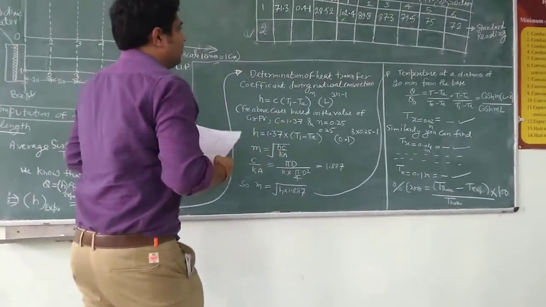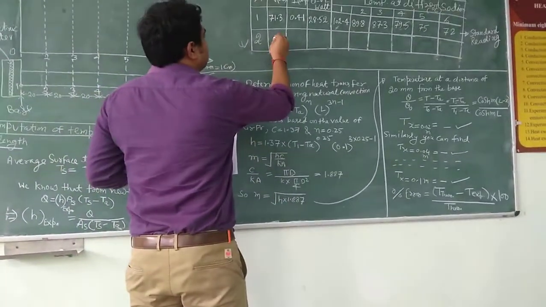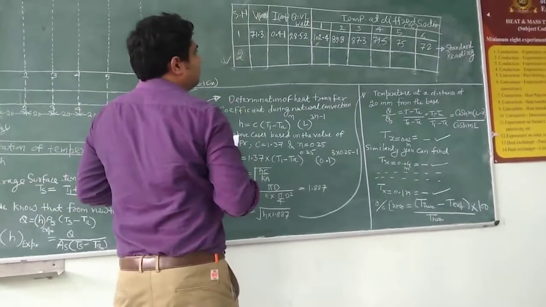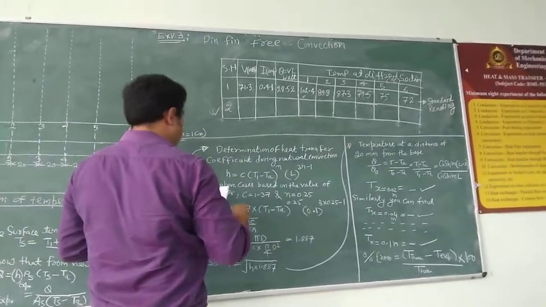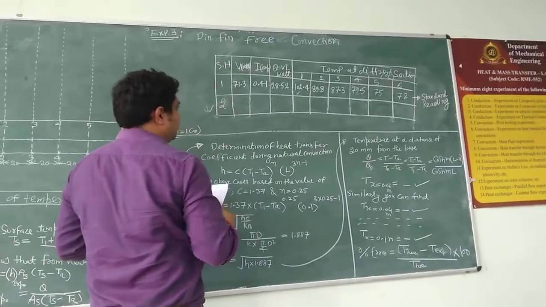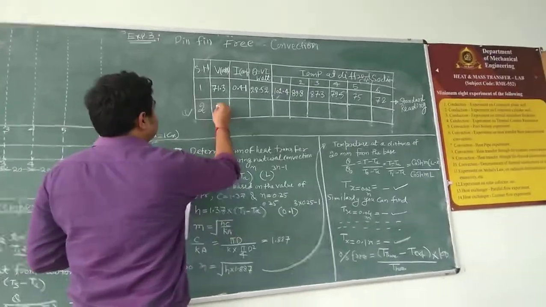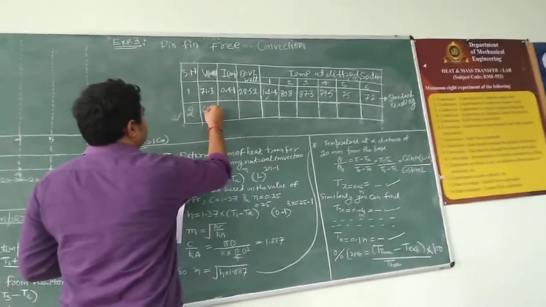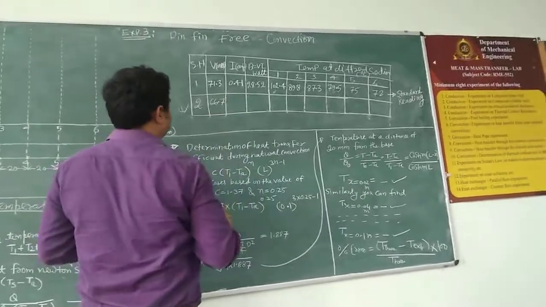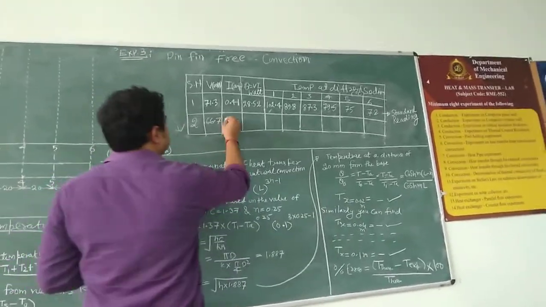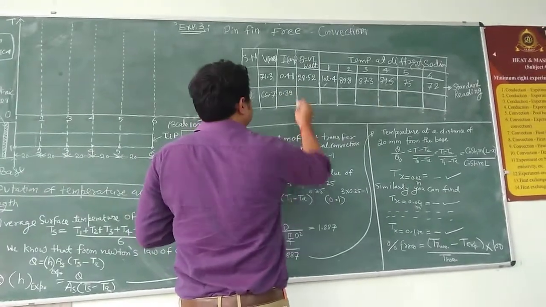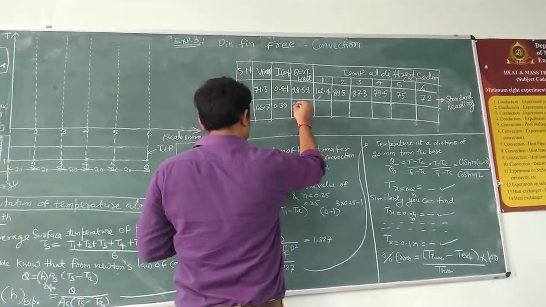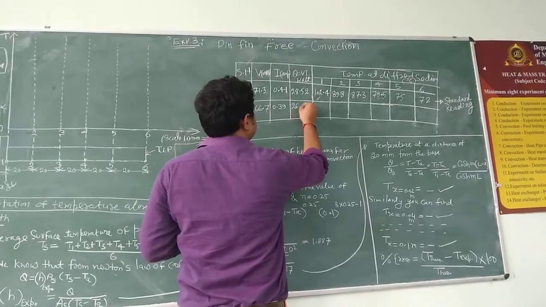Now I will note down the second reading, that is experimental. The voltage is 66.7 volt, the current is 0.39 ampere, and the heat input is 26.01.